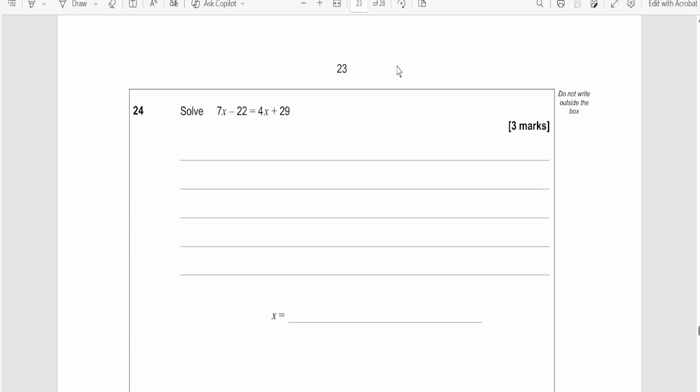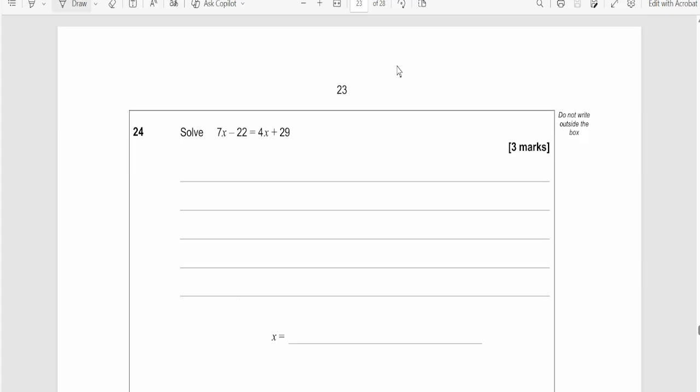Okay, I'm going to give you this question, and you have to do it the same way. 4x minus 10 is equal to 2x plus 20. Try this. 4x minus 10 is 6x.